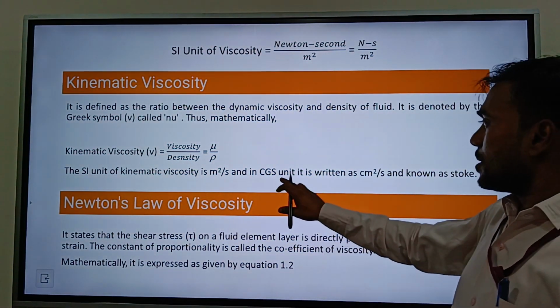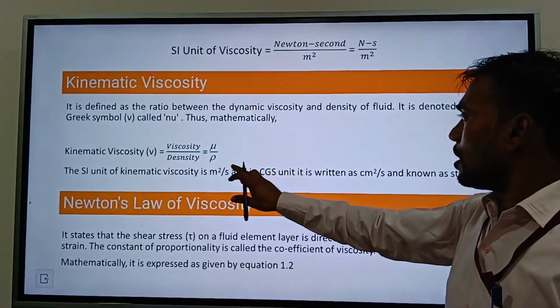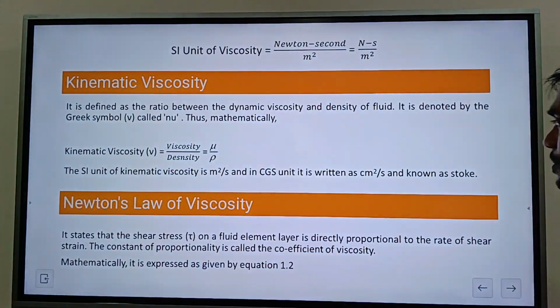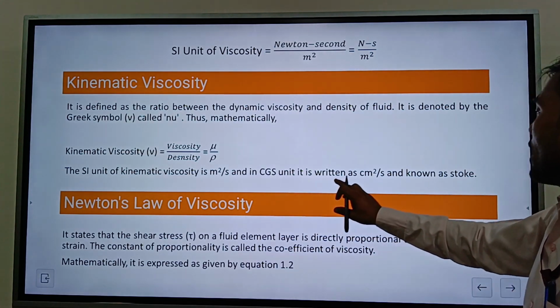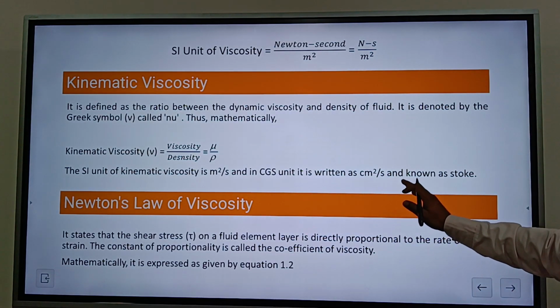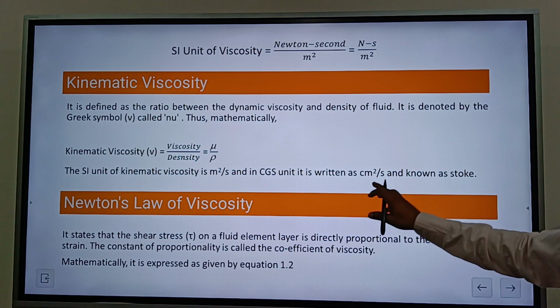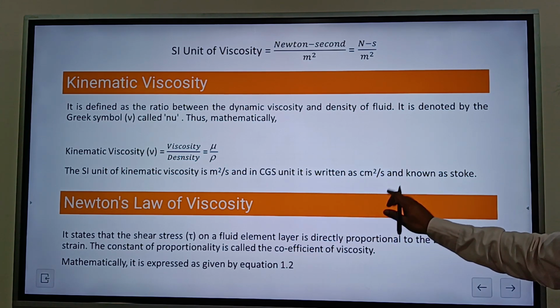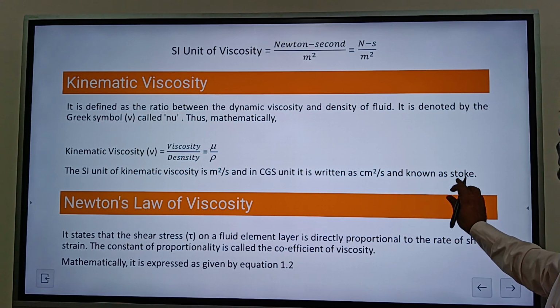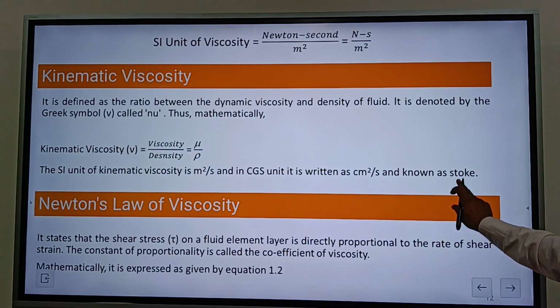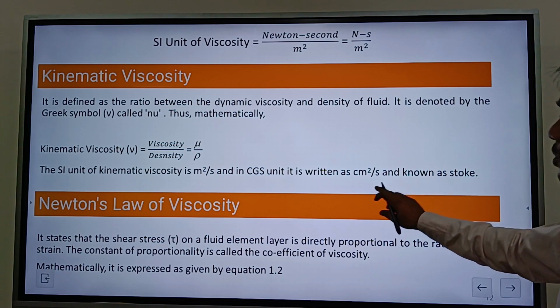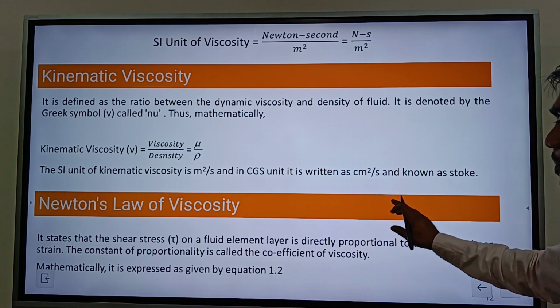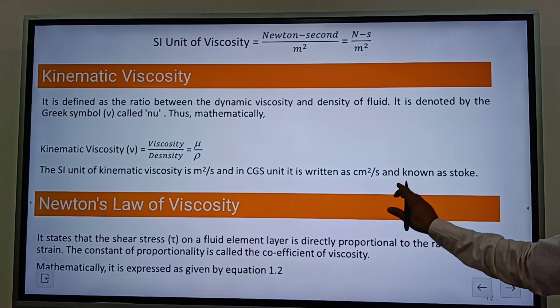Okay, in the CGS system, what will be the unit of kinematic viscosity? In the CGS system, length is measured in centimeter and time is measured in second. So in the CGS system, the unit of kinematic viscosity will be centimeter square per second, and it is also known as stoke. So 1 stoke will be equal to 1 centimeter square per second.